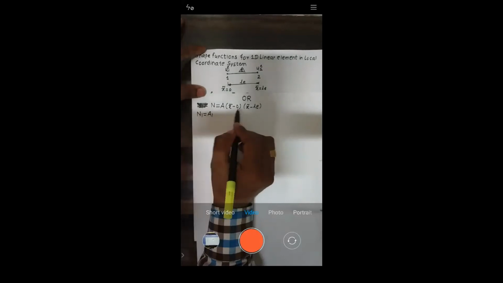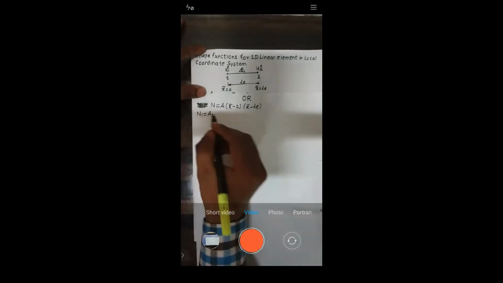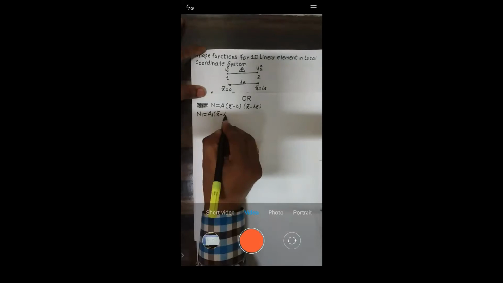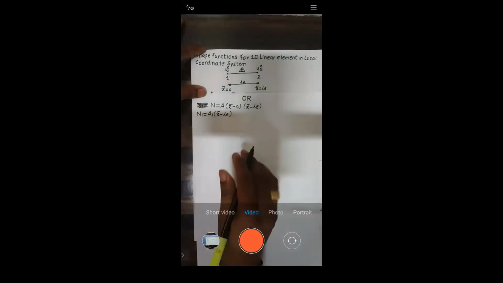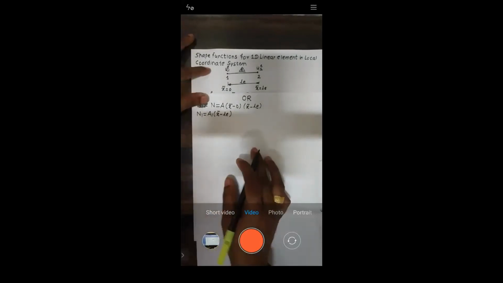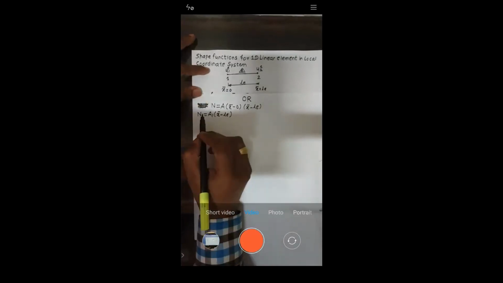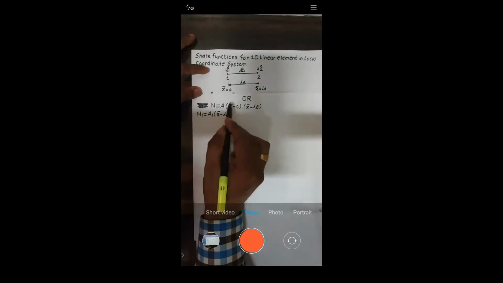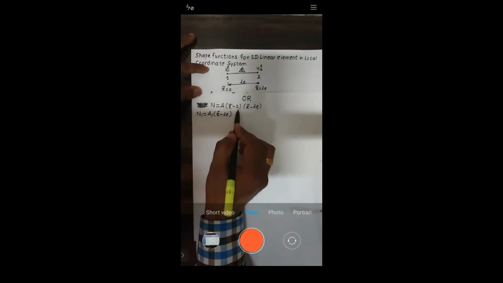We will directly write this term, x bar minus LE. For n1, you neglect the term which is for node 1, because you are writing the shape function n1 for node 1. So I neglected x bar minus 0.